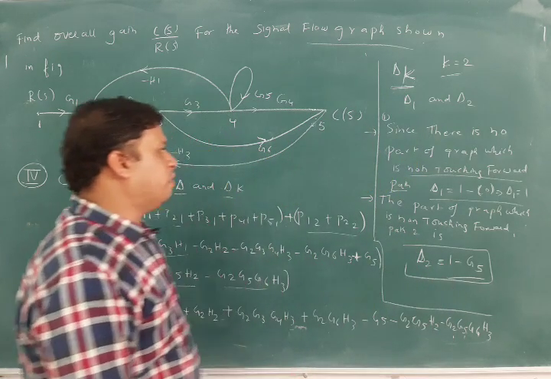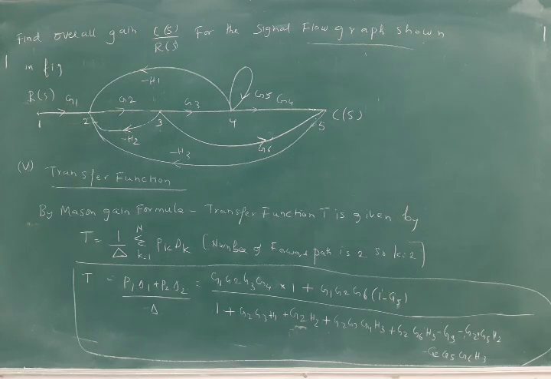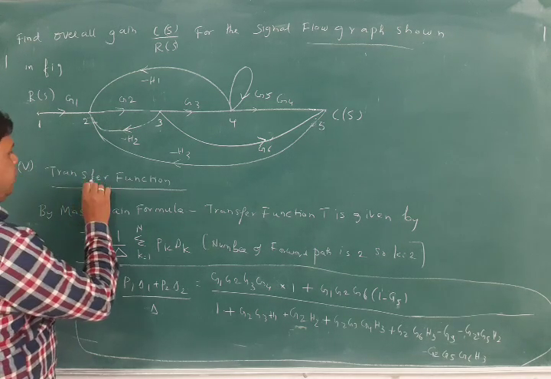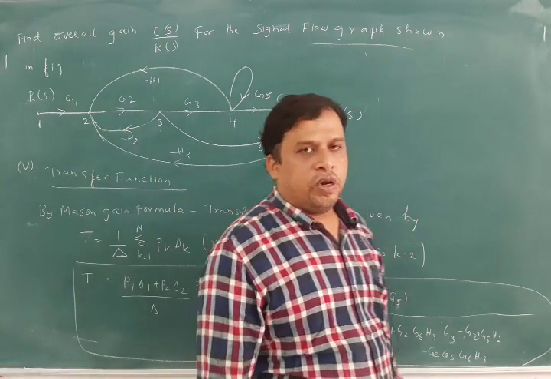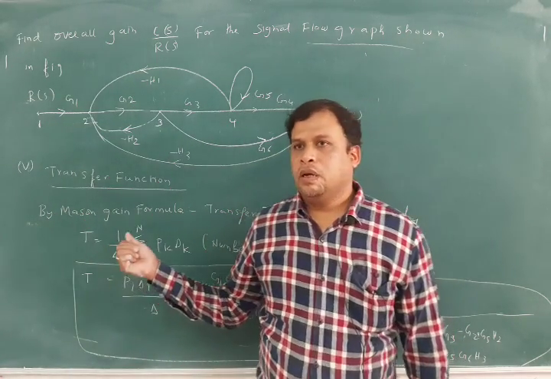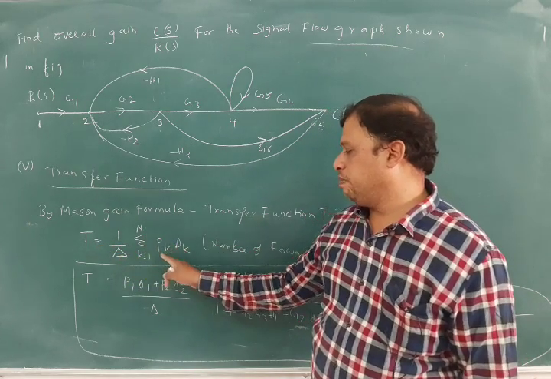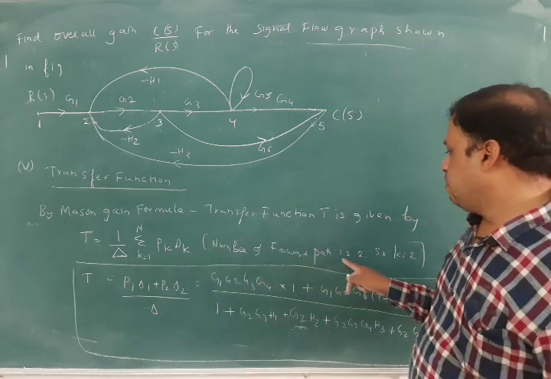Now we will go for the fifth step of writing the transfer function. Students, the fifth step is to find the transfer function. You have to see the formula T is equal to 1 by delta, sigma k equals 1 to n, Pk delta k, where the number of forward paths is 2 only.